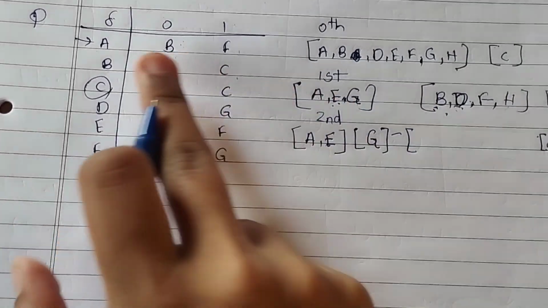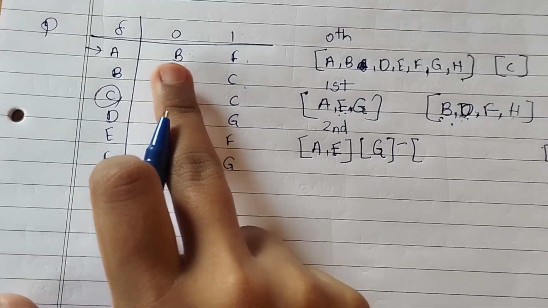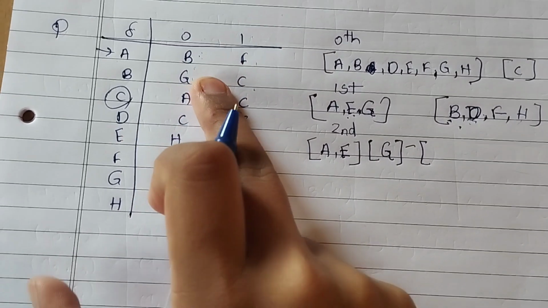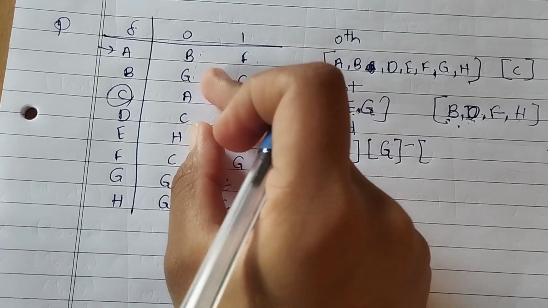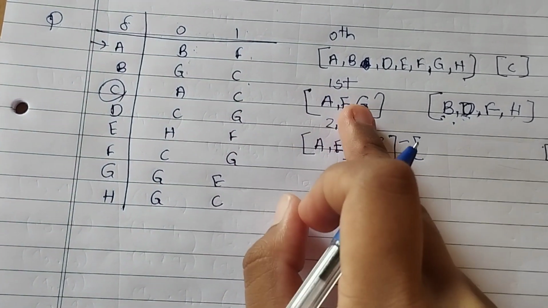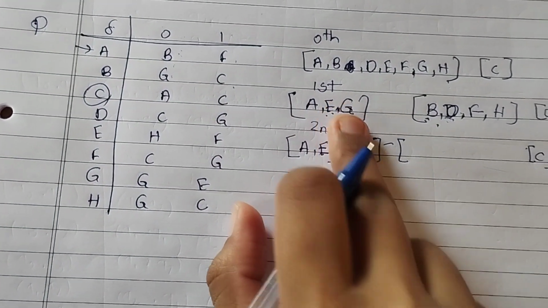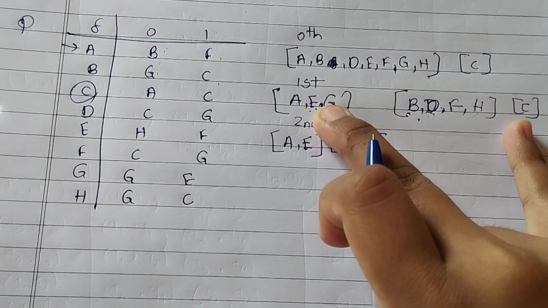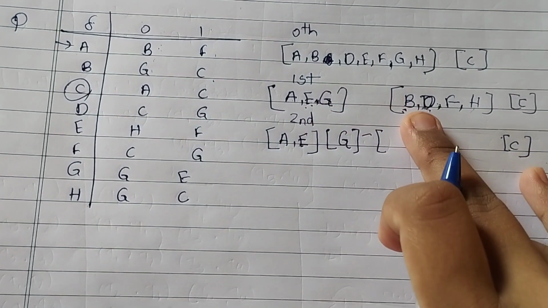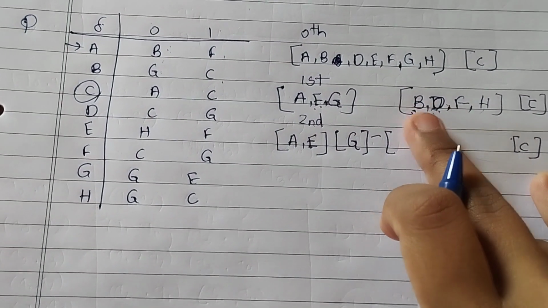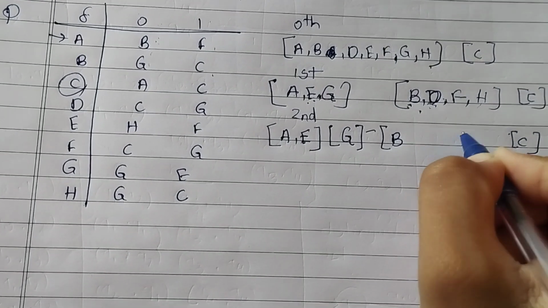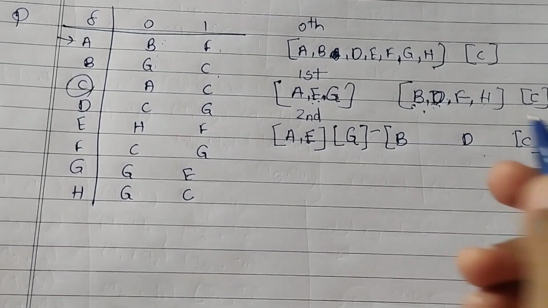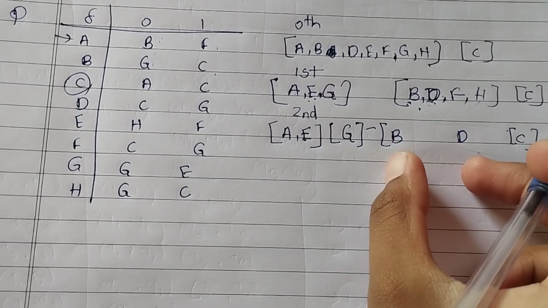B reads 0 in G and D reads 0 in C. So in the first equivalent, G is present in a separate group and C is present in a separate group. So B and D are not in the same group. B is one group and D is a separate group, so we write B and D separately.